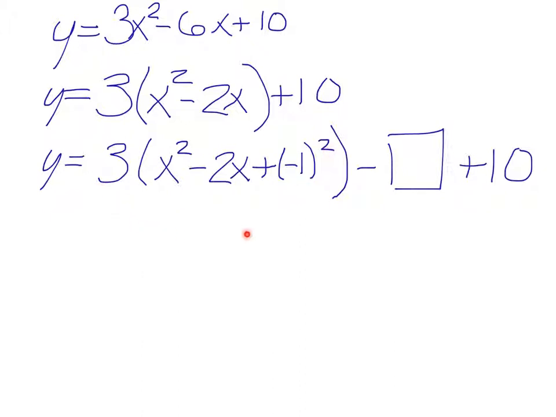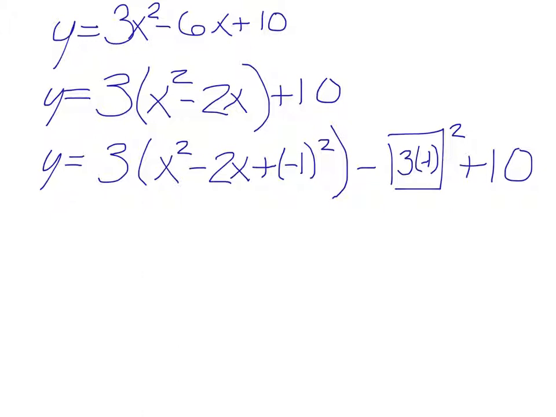We're adding 3 times negative 1 to the second power, because this 3 is distributed to each term inside the parentheses. So if I'm adding 3 times negative 1 to the second power, I have to subtract it here. That's what I need to put in this box: I need to subtract 3 times negative 1, all to the second power. Okay, good, we're safe now.